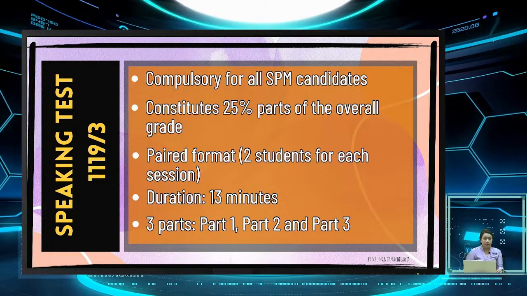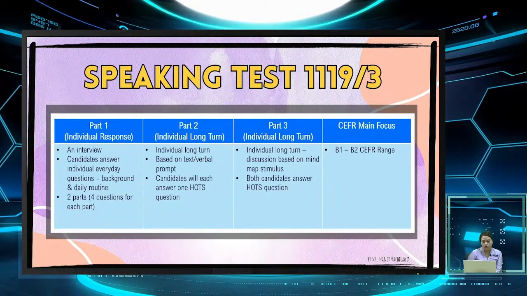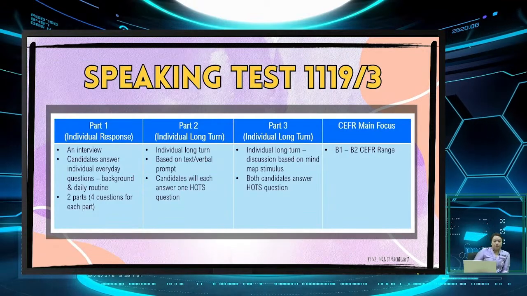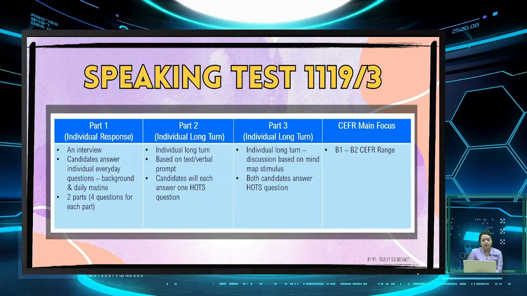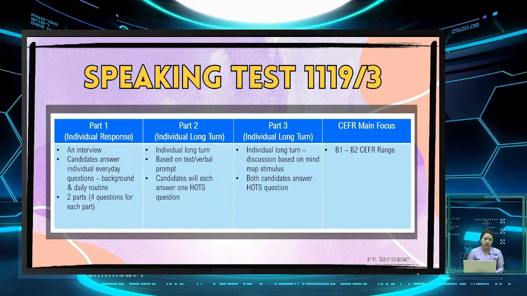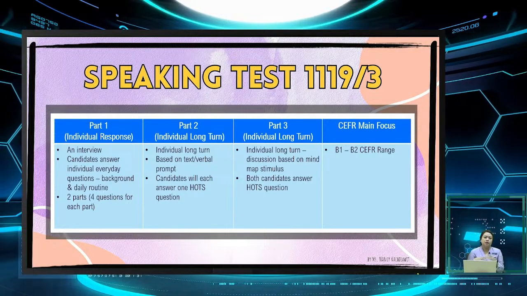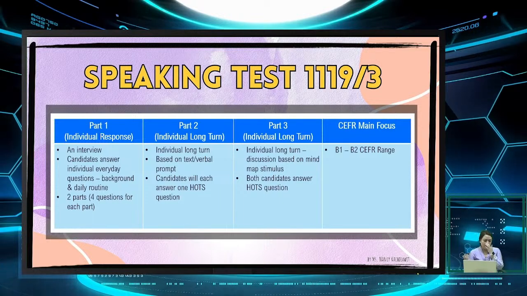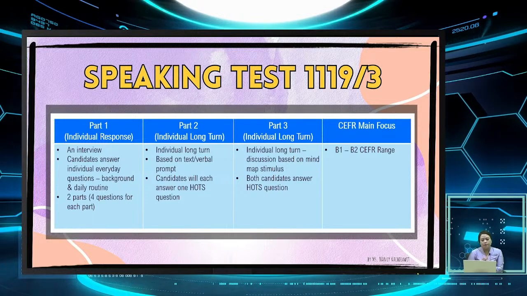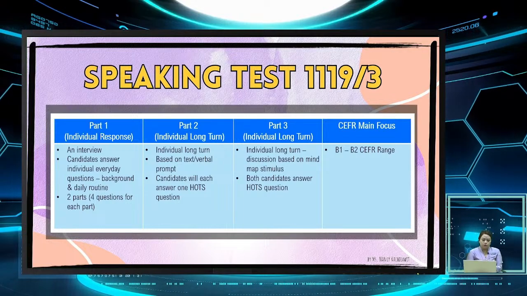There are 3 parts: part 1, part 2, and part 3. We will go to each part one by one. Part 1 is the individual response, part 2 is the individual long turn, and part 3 is a discussion between both candidate A and candidate B. As for the CEFR, our main focus is B1 and B2.